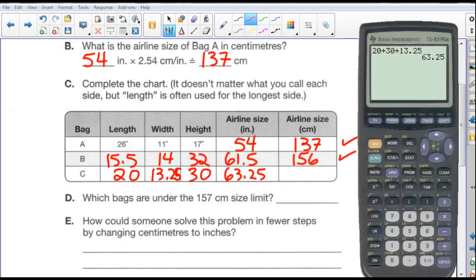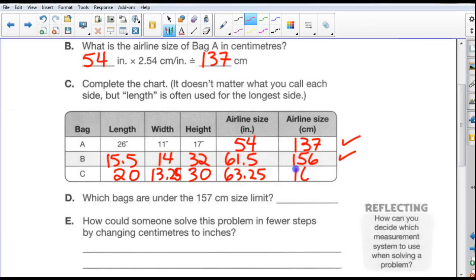Multiply that number by the conversion rate of 2.54 centimeters per 1 inch, and we get 160.655, or about 161. That one is over the 157 limit. So that one would not be allowed on the airplane.